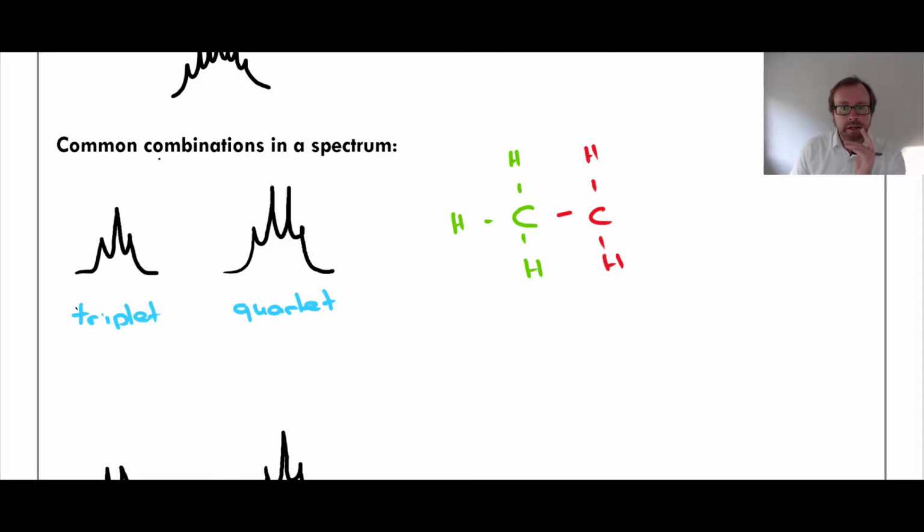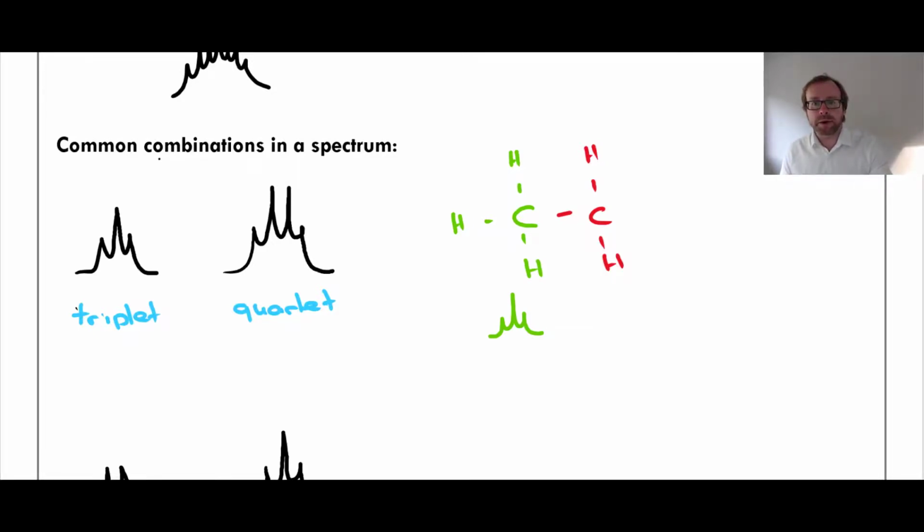Right, so this is where it gets slightly confusing. So if I look at my CH3 peak, okay, so this, according to the n+1 rule, is next to a carbon with 2 hydrogens on it. So this peak would split into a triplet because it's next to a carbon with 2 hydrogens on it.